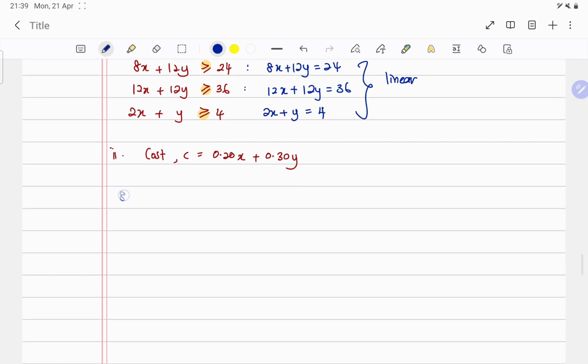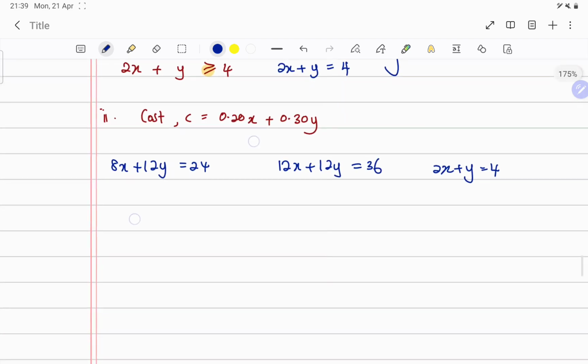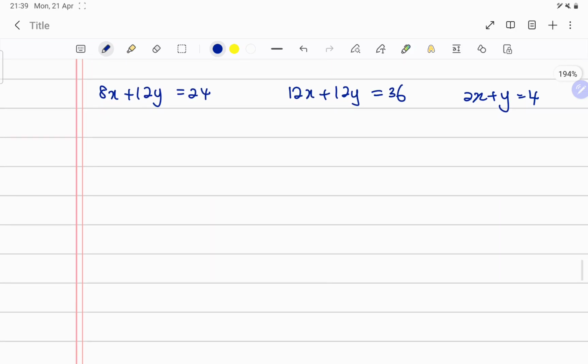So we have 8x plus 12y equal to 24, and then we have 12x plus 12y equal to 36, and also 2x plus y equal to 4. If you want to draw the line, you need to find 2 coordinates. How to find 2 coordinates? Just let x equal to 0, find the value of y. Let y equal to 0, find the value of x.